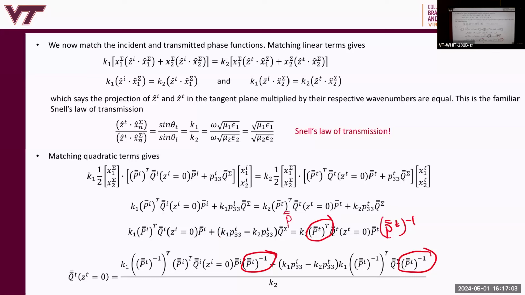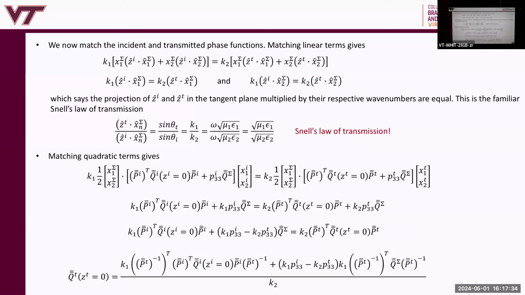That's what's here, right? And we isolate Q transmitted. So now we have the curvature matrix of the transmitted wavefront, which depends on the ratio of the wave numbers in the respective medium. It depends on the incident wavefront's Q matrix, and it depends on the curvature of the dielectric object, right? And the two wave numbers.